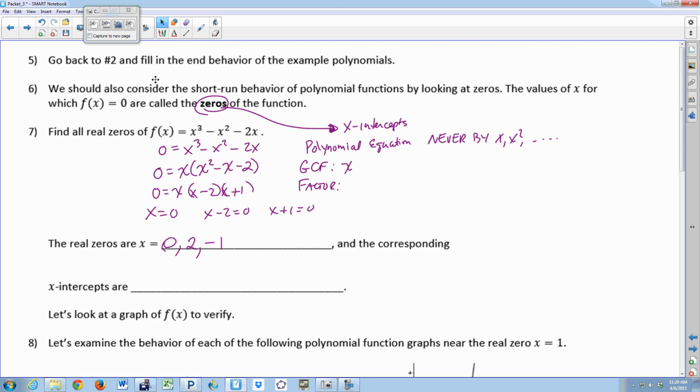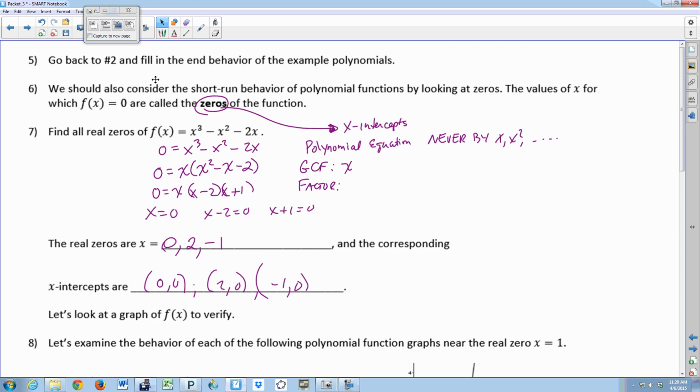We can say 0, 2, and -1 are the zeros, they're real zeros because they're real numbers, of the function. We can say x equals 0, x equals 2, and x equals -1 represent the solutions to this equation. We can also say that (0, 0), (2, 0), and (-1, 0) are the x-intercepts.